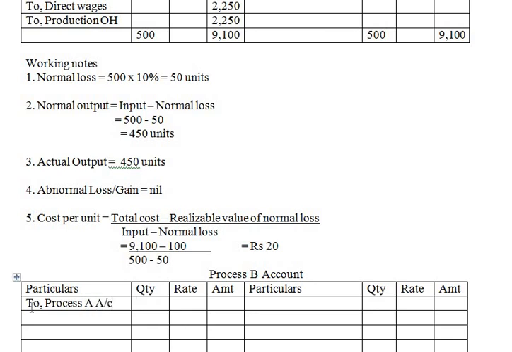Quantity is 450 and the rate is 20 and the amount is 9,000. So whatever output we got, that will be transferred to process B on the debit side, which will be treated as input.